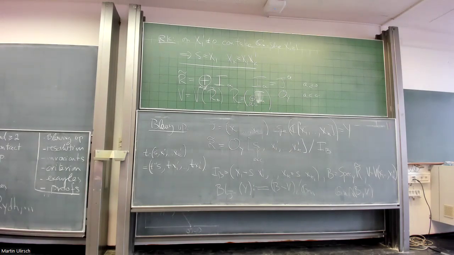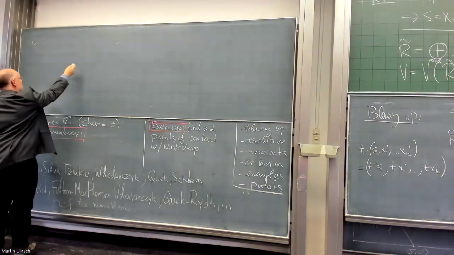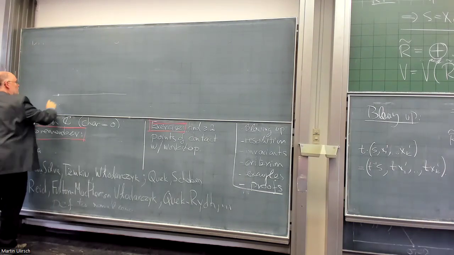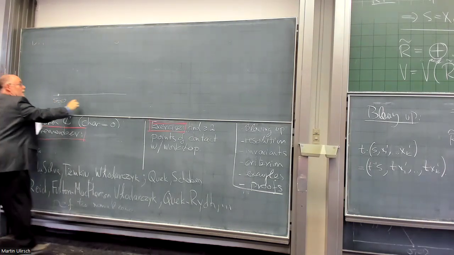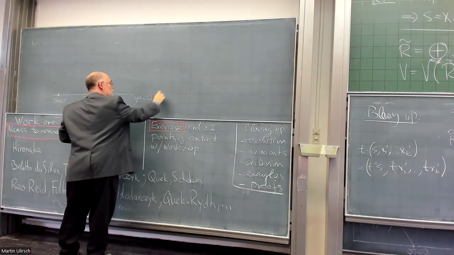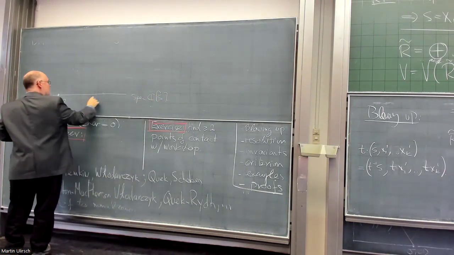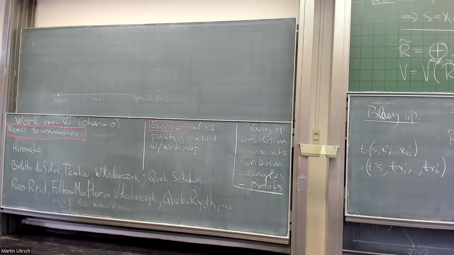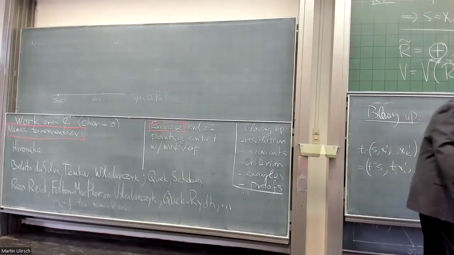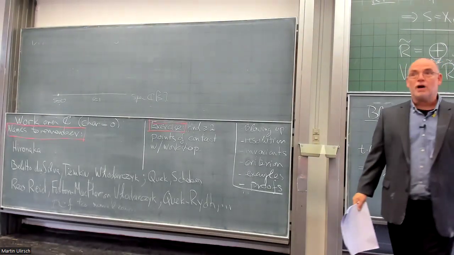You have a map from B to affine space. So I think we know how to draw affine space. This is S equals 0. And I'll draw here S equals 1. What happens when you plug in S equals 1 in this equation? S equals 1 means that x_i equals x_i prime.